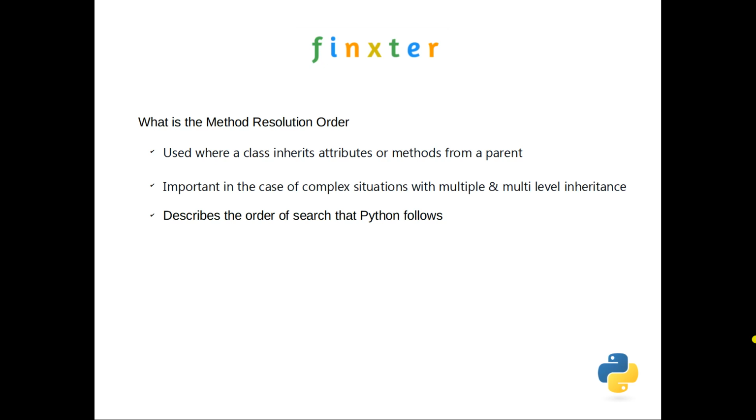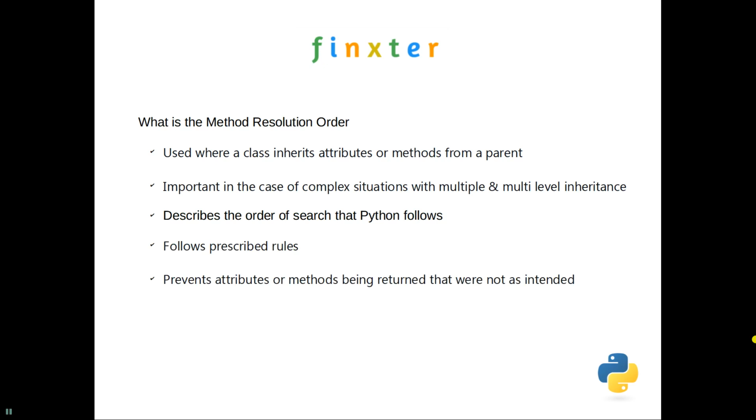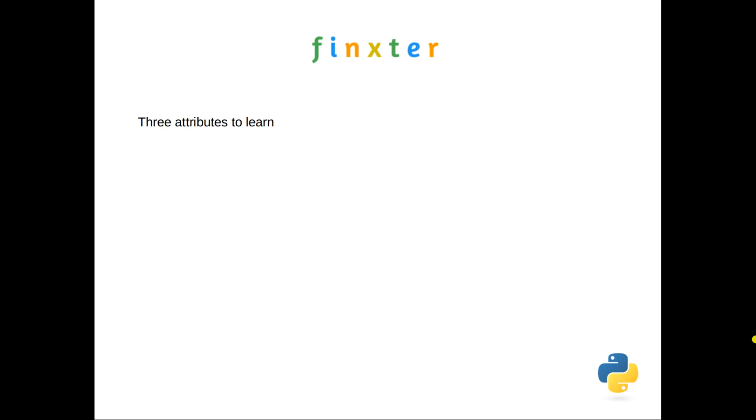So it describes the order of search that Python follows, and it follows two prescribed rules that we will look at very shortly. And it prevents, as I said, attributes or methods being returned that were not as intended.